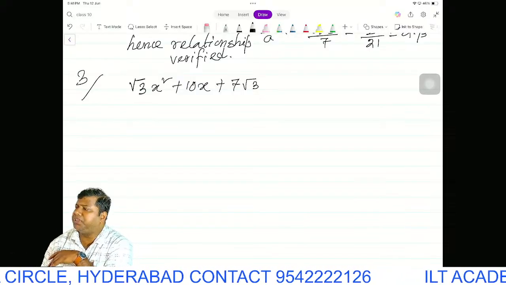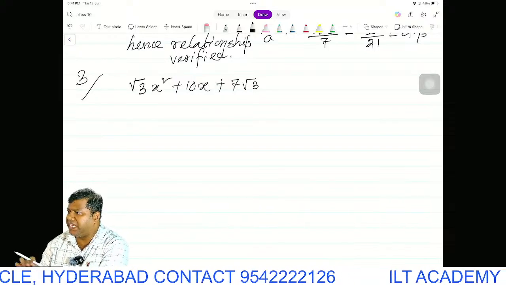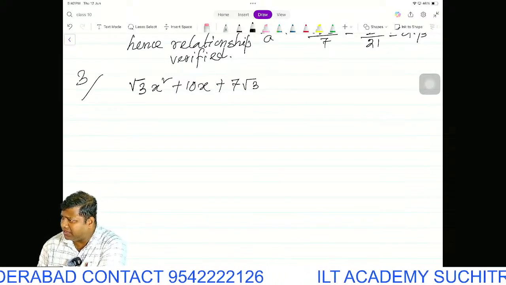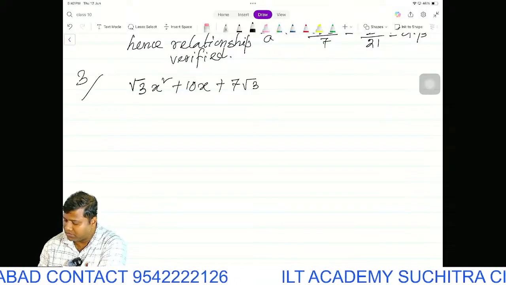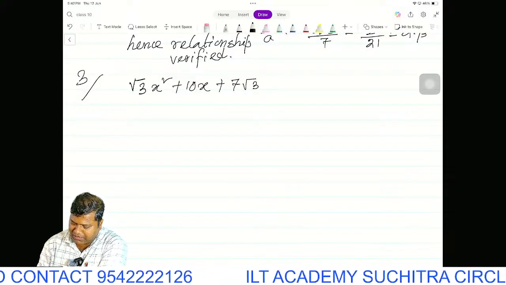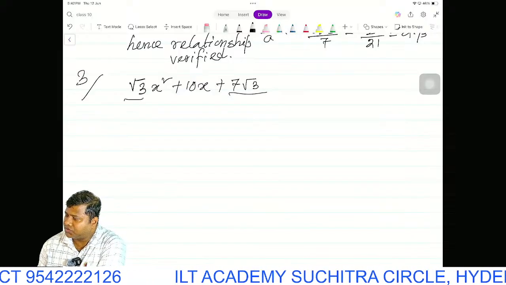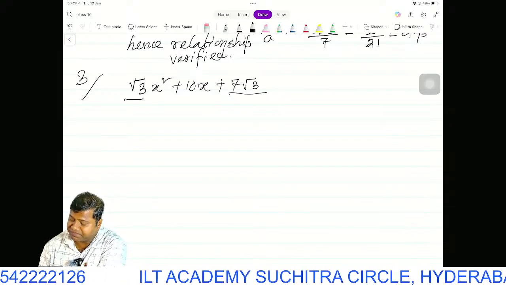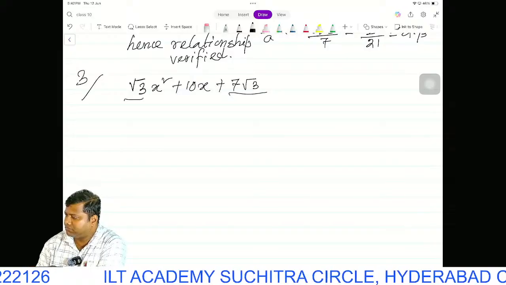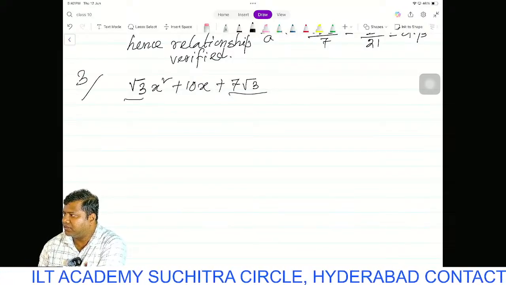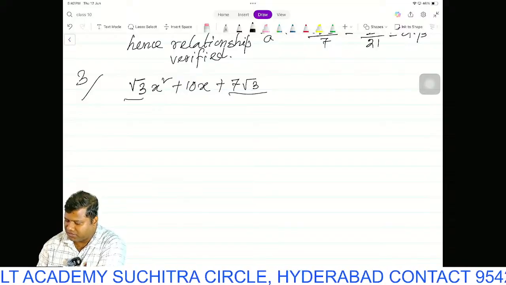See, what should be the multiplication? Tell me. That a into c part. 7 root 3 times root 3. 21. We should multiply the coefficients a and c, na? Right? So if I multiply, what is it coming? Root 3 into 7 into root 3. 21. Why?